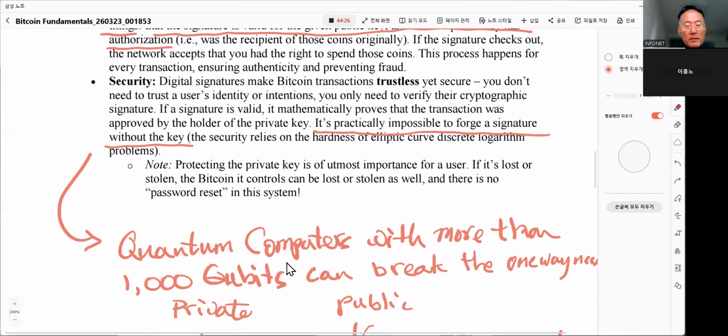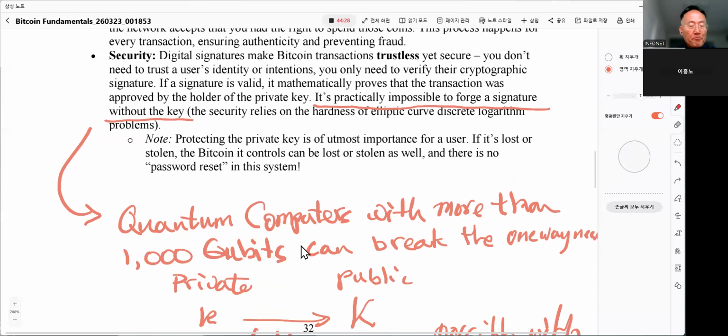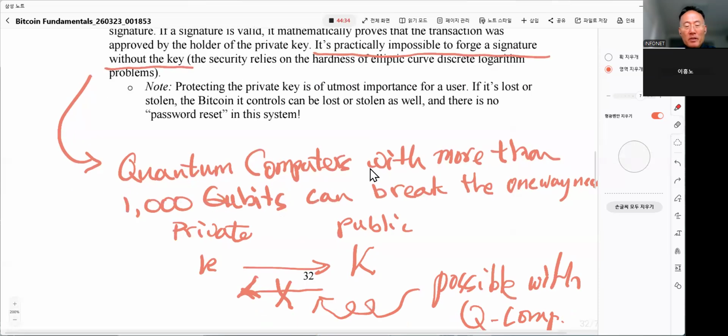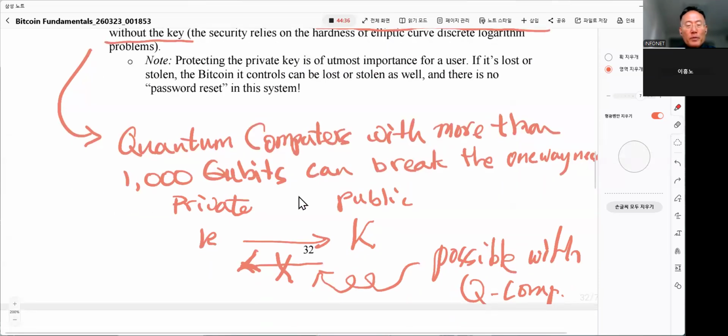But this part has become controversial these days because there are quantum computers with more than 1,000 qubits. This will happen maybe 3 or 5 years from now.